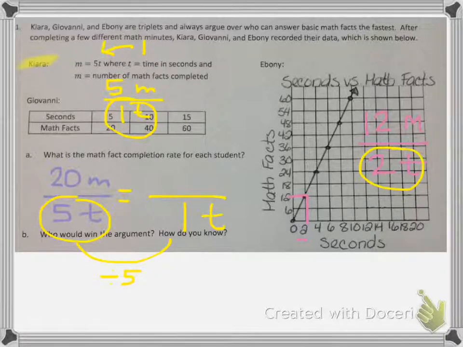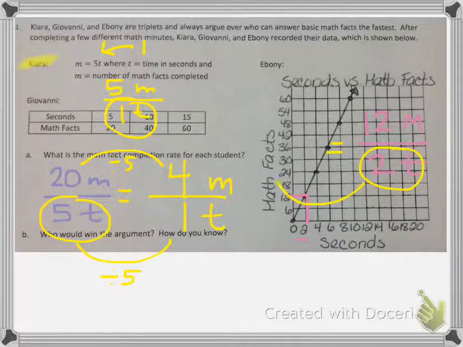Then if I divide the bottom by 5, I have to divide the numerator by 5 too, so 20 divided by 5 is 4. Now we can see that Giovanni can do 4 math facts in 1 second compared to Chiara, who does 5 math facts in 1 second. Chiara's a little faster.